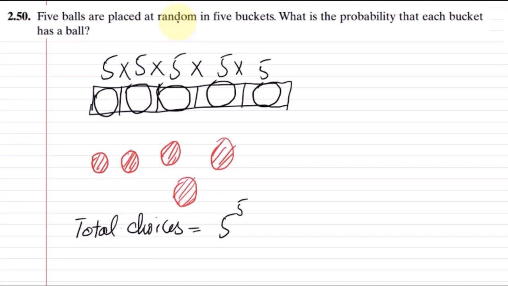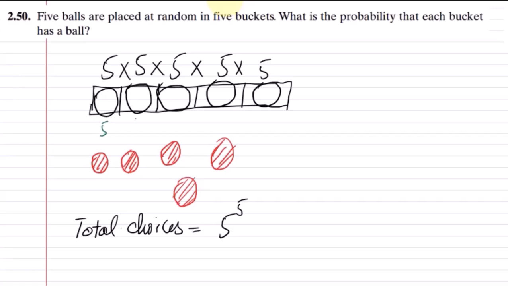Now if I want each and every one of these buckets to have only one ball, then initially for this bucket, how many choices will I have? I will have 5 choices. Once one ball has fallen into this bucket, how many choices will be left?